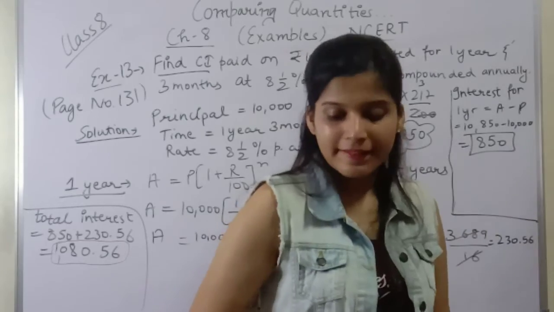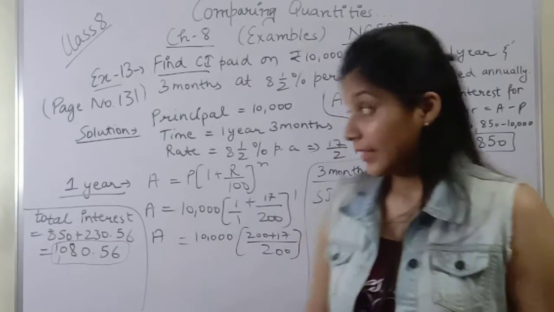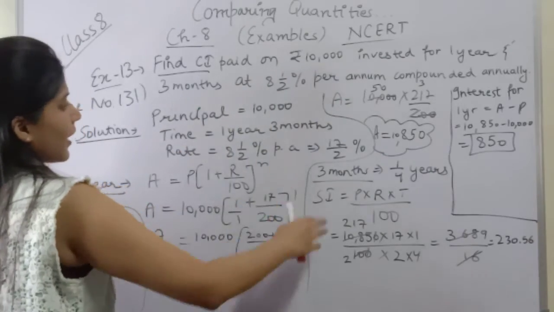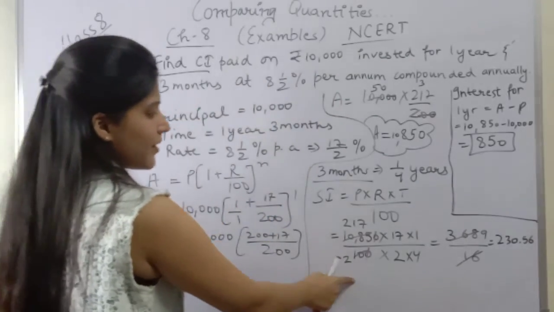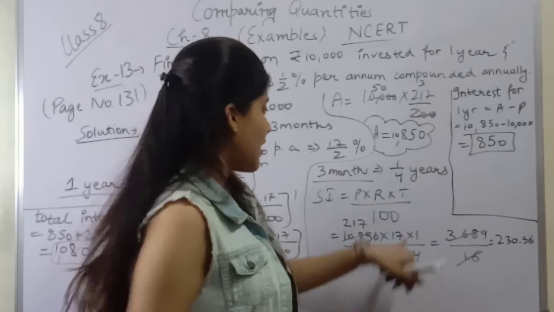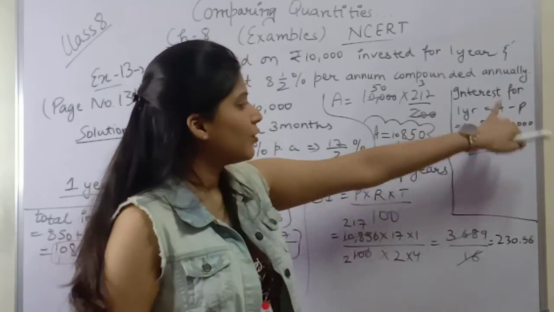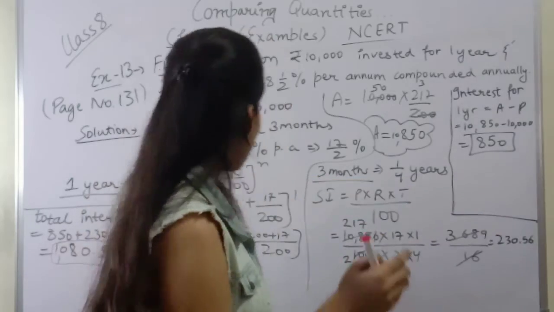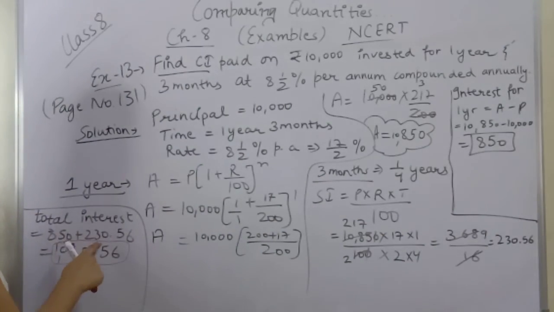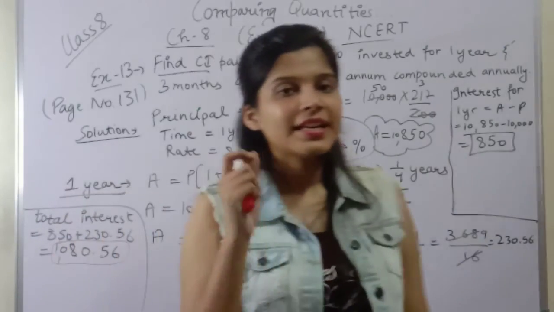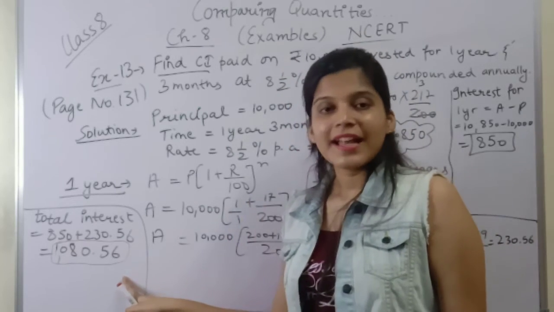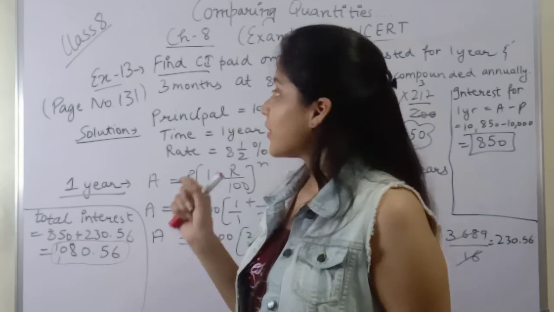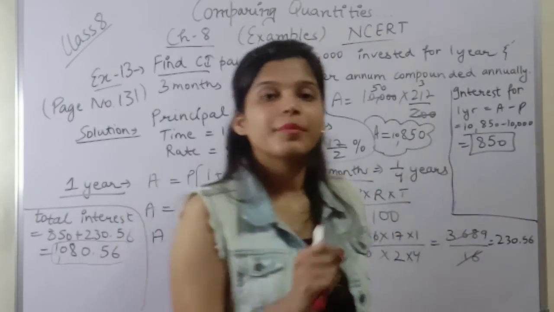Okay, so this was our example number 13. इसमें हमने annually निकालना था, so 1 year का अलग से निकाला and then we calculated for 3 months through simple interest. And 1 year का amount निकला था तो उससे interest निकाल लिया, amount minus principal करके. Then we added both the interests, 850 plus 230.56. So we got the interest as 1080.56. Okay, so this was example number 13 of chapter 8.